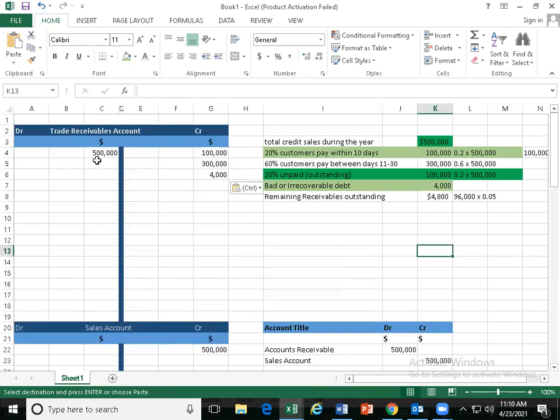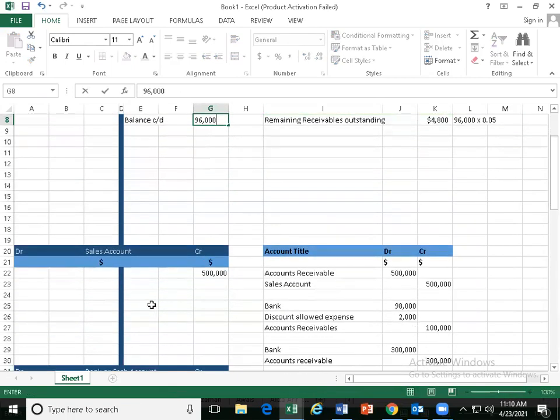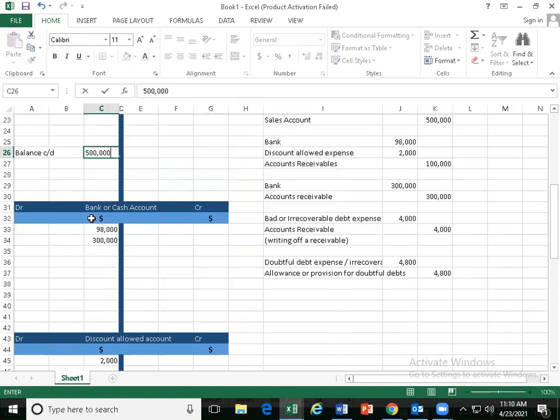Now you can clearly see out of the 500,000, the balance carried down or carried forward, okay, that comes to 96,000. Then sales balance is the same, which is total sales for the period. Then they recovered $398,000 of cash. Okay. Right.